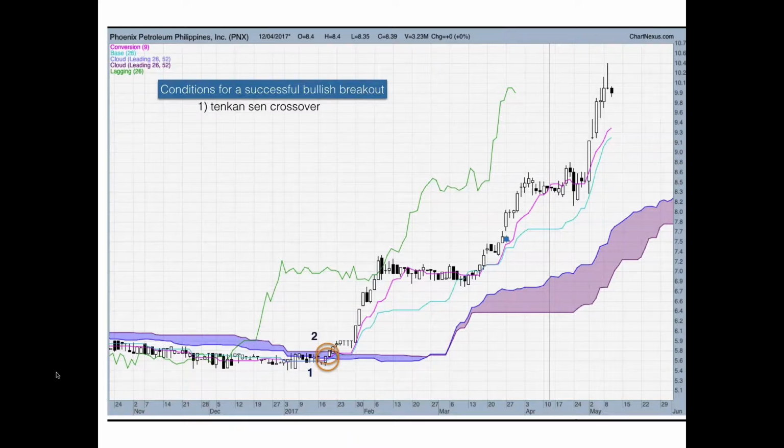Second, there was a Kijun-sen crossover in number 2. Third, that is a Chikou span crossover. Fourth, we have the Kumo breakout, where price broke above the Kumo.